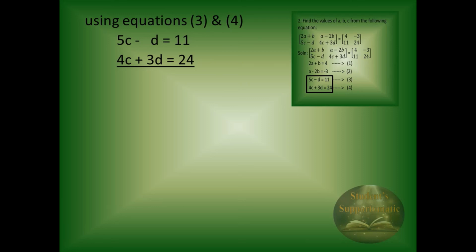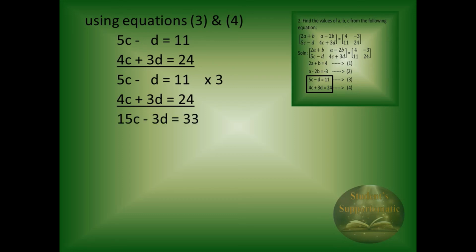Here we multiply the first equation by 3 and the second equation by 1, because the coefficient of d is 1 in the first equation and 3 in the second.